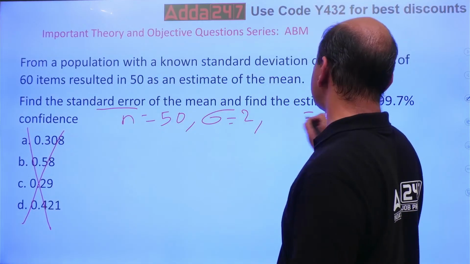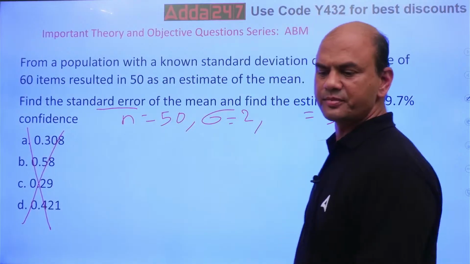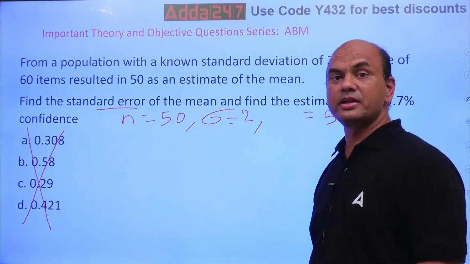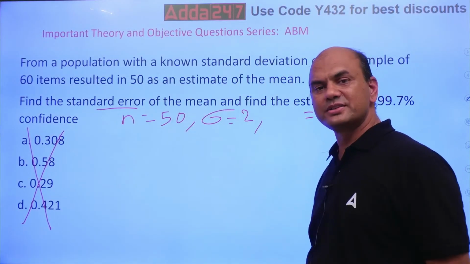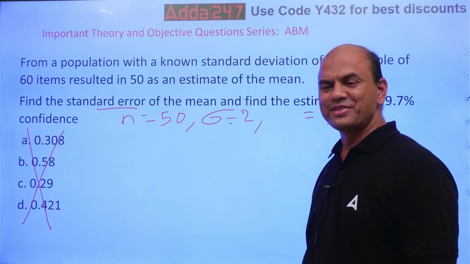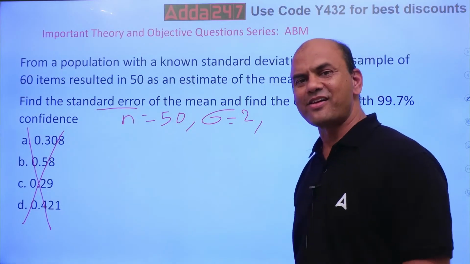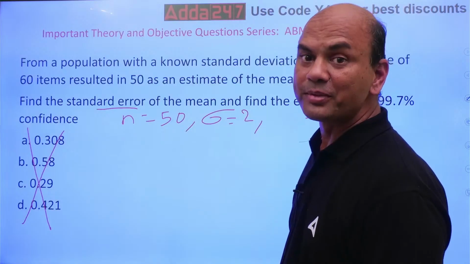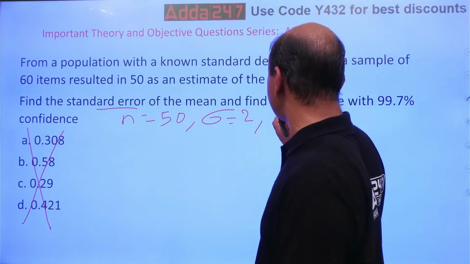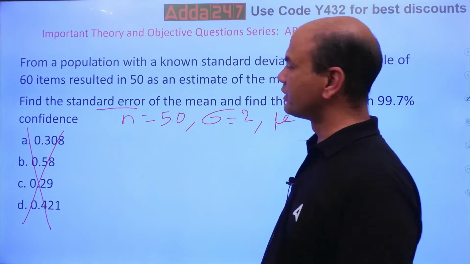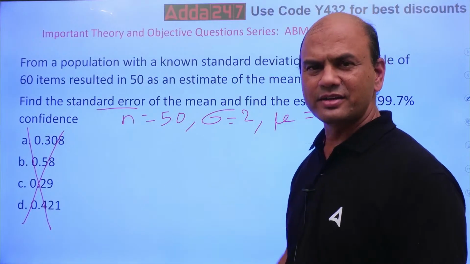Now you tell me, in the comment section, what is this 50 called as? 50 is called the population mean, mu. Just now we did it.